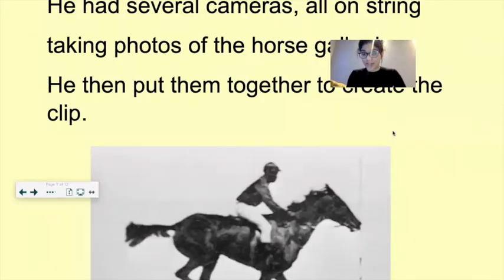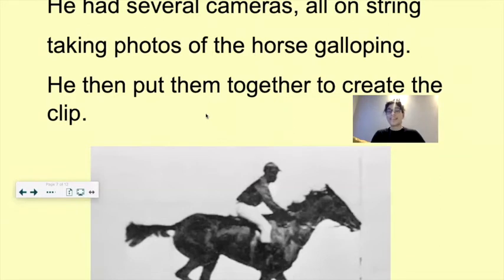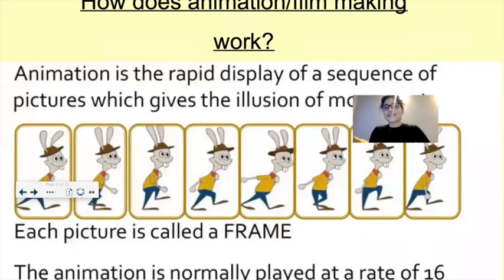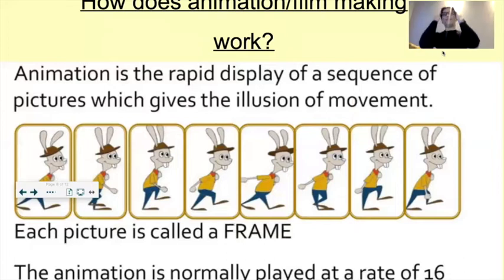He had several cameras, all on string, taking photos of the horse galloping. He then put them together to create the clip. So that is a little example of why stop motion is such a great creation. It's to prove certain theories that someone might have. It can give you a lot of answers that maybe other cameras couldn't.